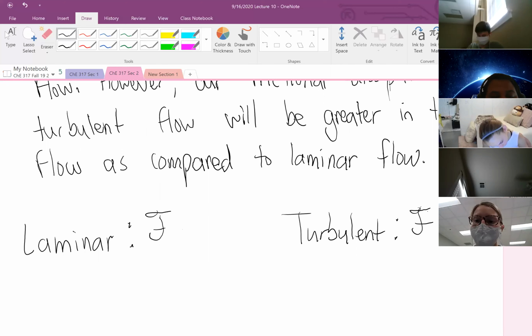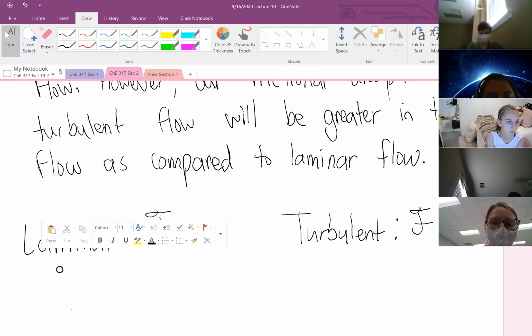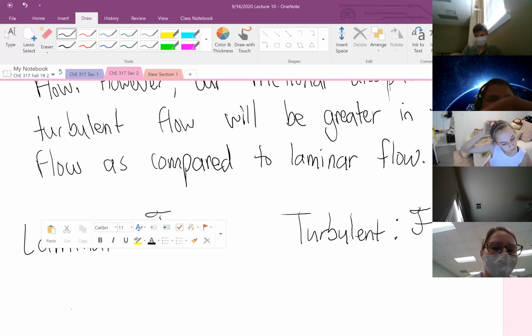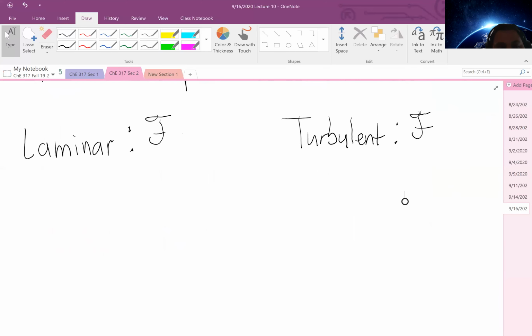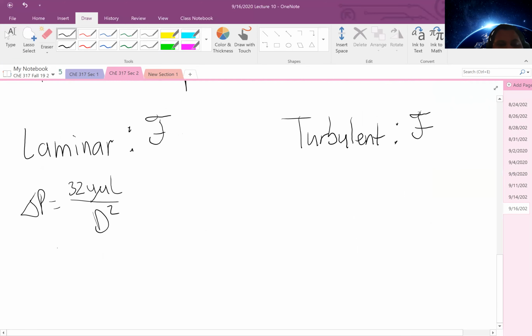Anybody? 16 mu over rho u d. That was one of the expressions. What I'm referring to is when we discussed identifying this expression, which was the Hagen-Poiseuille.